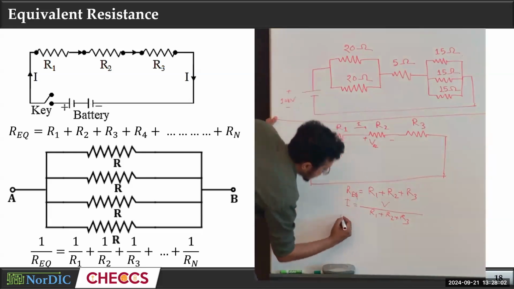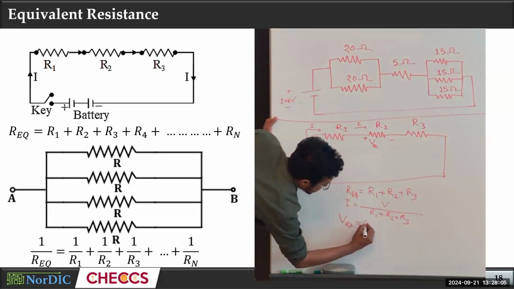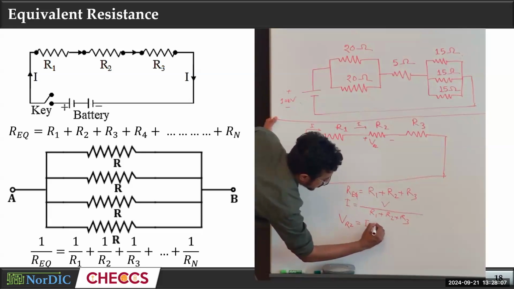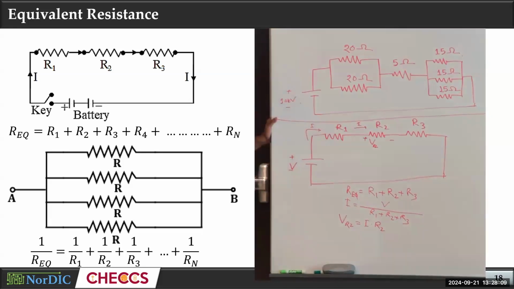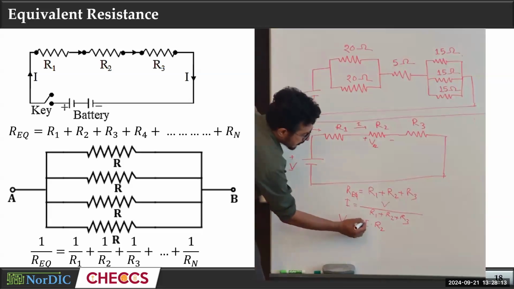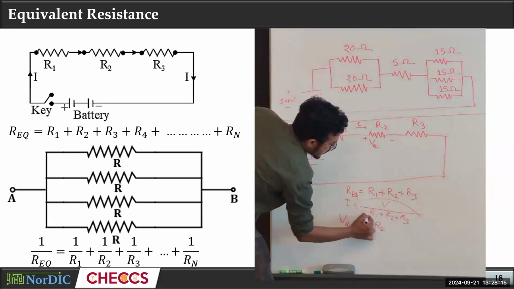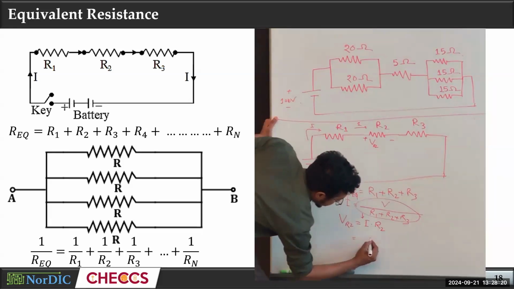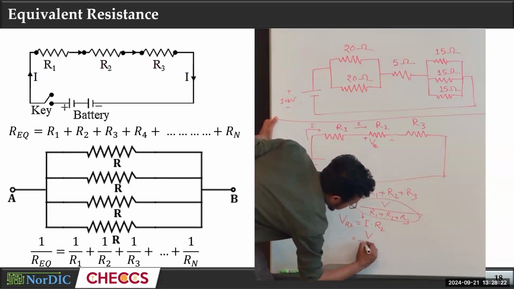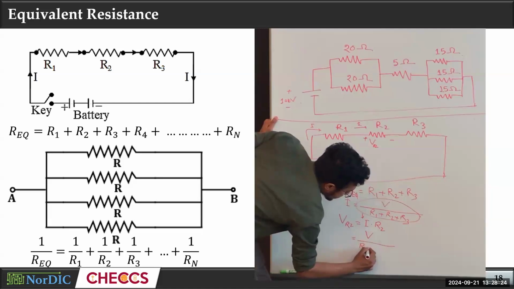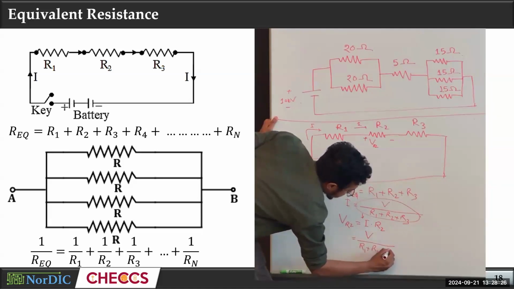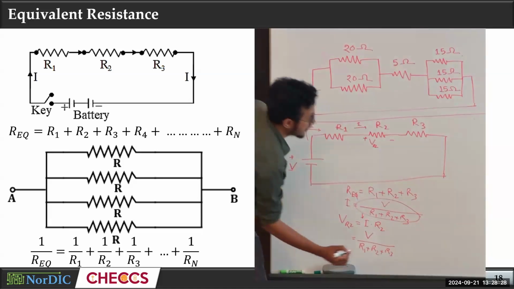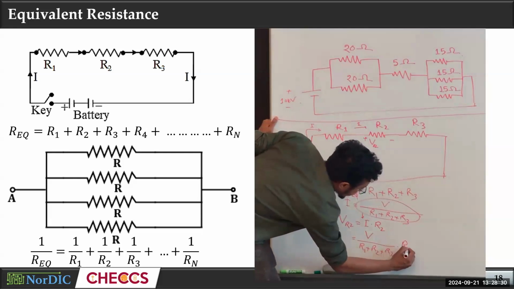VR2 will be basically the current flowing across it times R2. Any question? If I now replace the value of I, what I will get is V by R1 plus R2 plus R3, times R2.